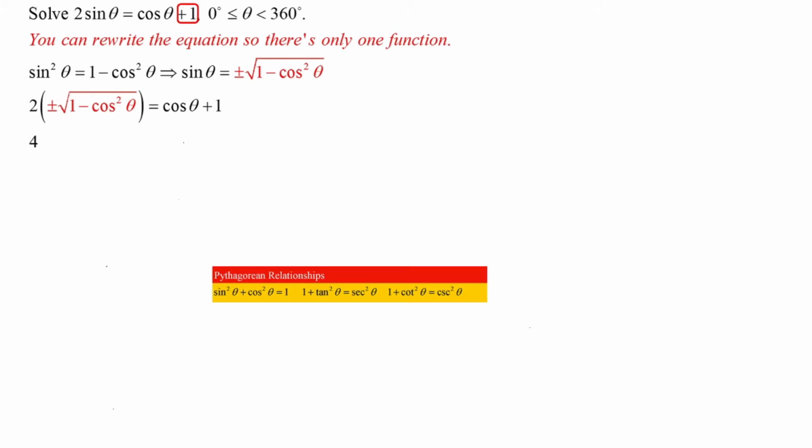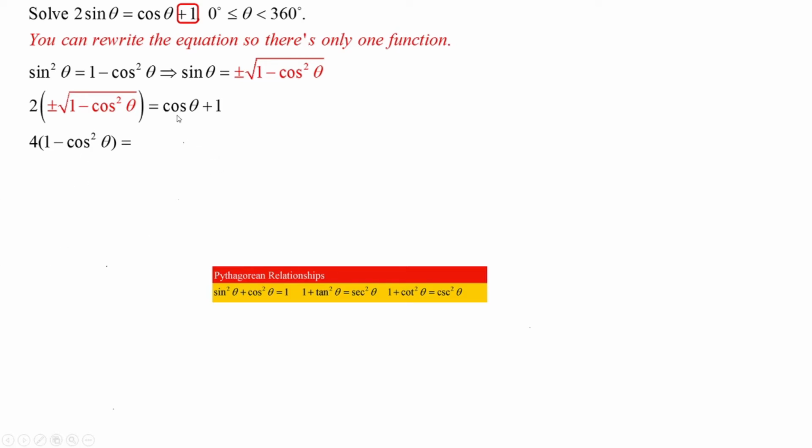So let's square each factor on the left. 2 squared would be 4, and then when I square this plus or minus the radical, I can drop the plus or minus and the radical to get the quantity 1 minus cos squared of theta, and that has to equal the right-hand side, and I better square it.